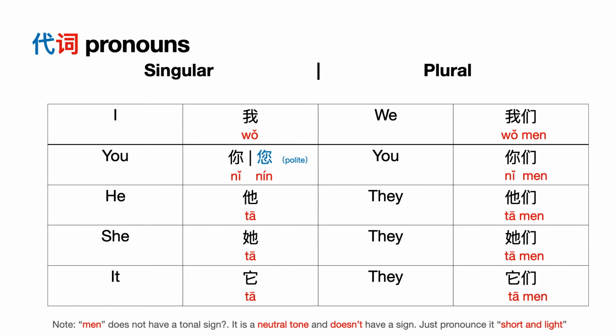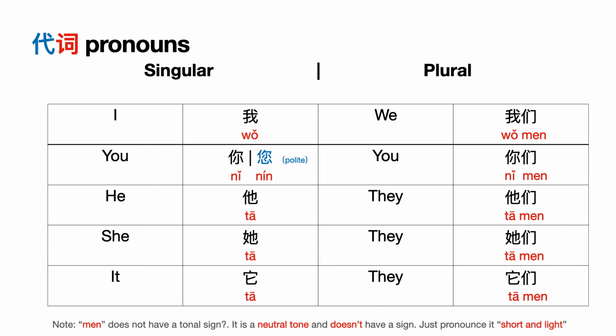It is a neutral tone and doesn't have a sign. It is just pronounced short and light, quickly, like that. Men. Okay, let's do it again. Women. You'll see this very often. The men usually has the sign. It's just that when put with other characters, you will lose it.